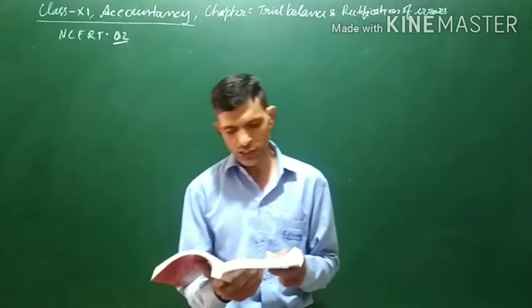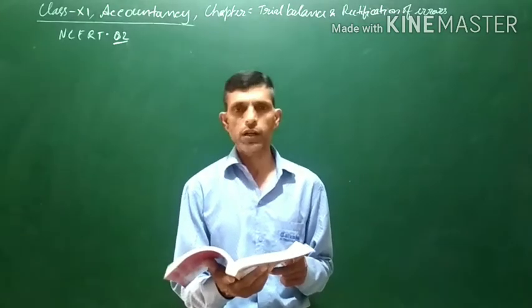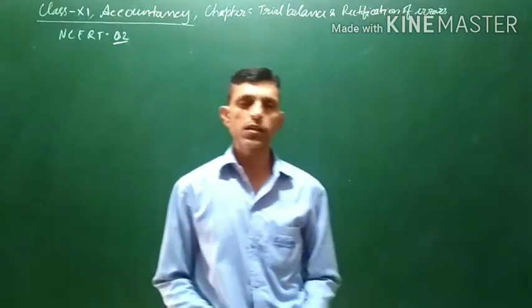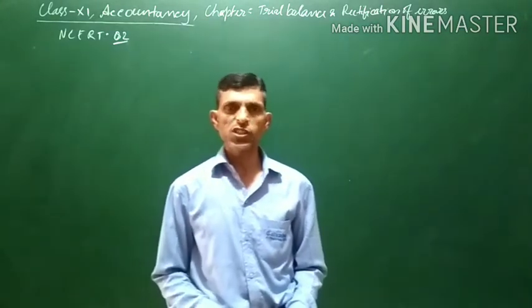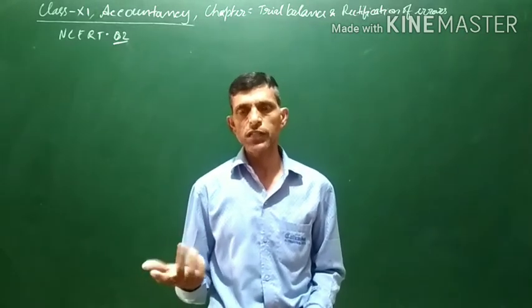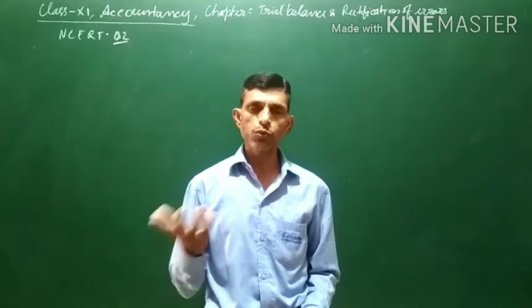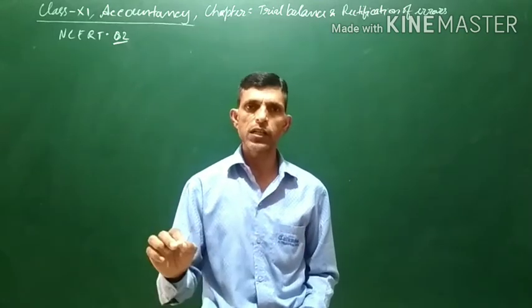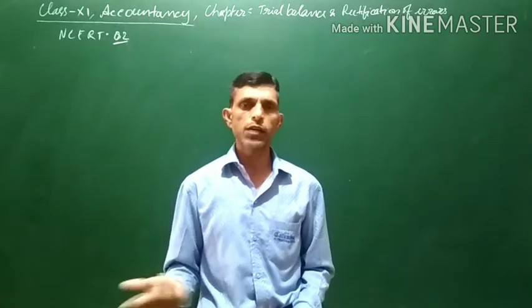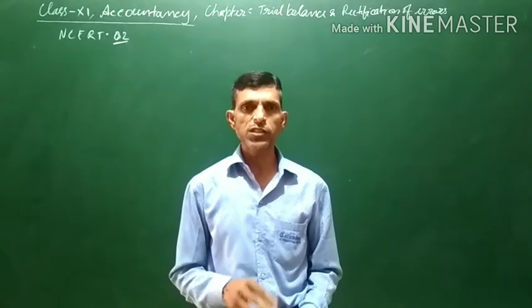It is given: credit sales to Mohan 7,000 were recorded at 700. For these types of question, we first have to identify that some error has been committed. Earlier the error was that it was not recorded, so in order to rectify, the error was rectified simply by passing the journal entry.